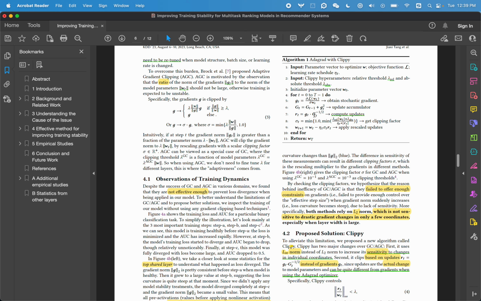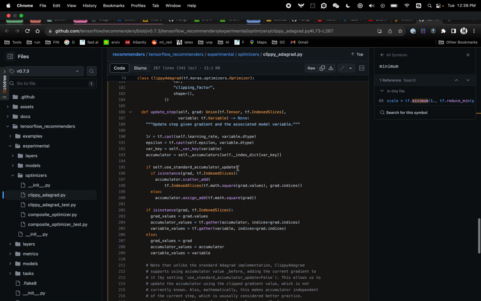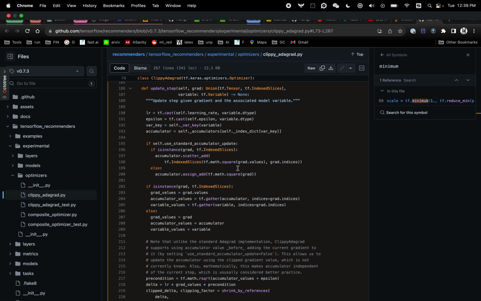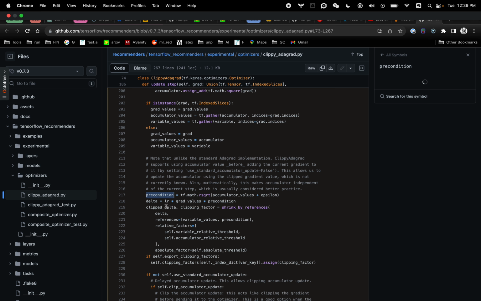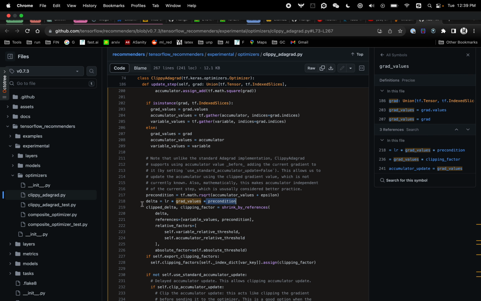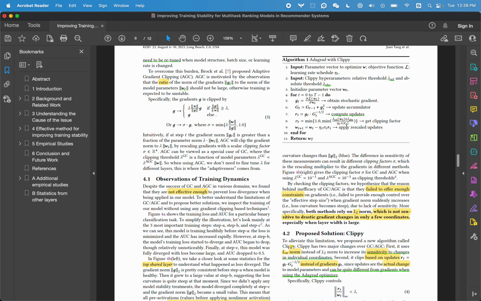It's dividing by the square root of the accumulated gradient, but in the optimizer, it's not what it does. It computes a precondition, which is the square root of this. The delta is LR times grad value times precondition, and it uses delta as the r_t part we mentioned in the paper. So this is one major difference.